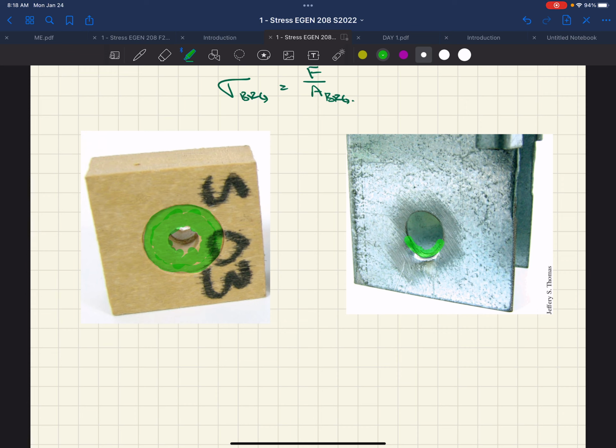The bolted connection is a little bit different, in that our bearing area is the edge of our plate area that the bolt is contacting.